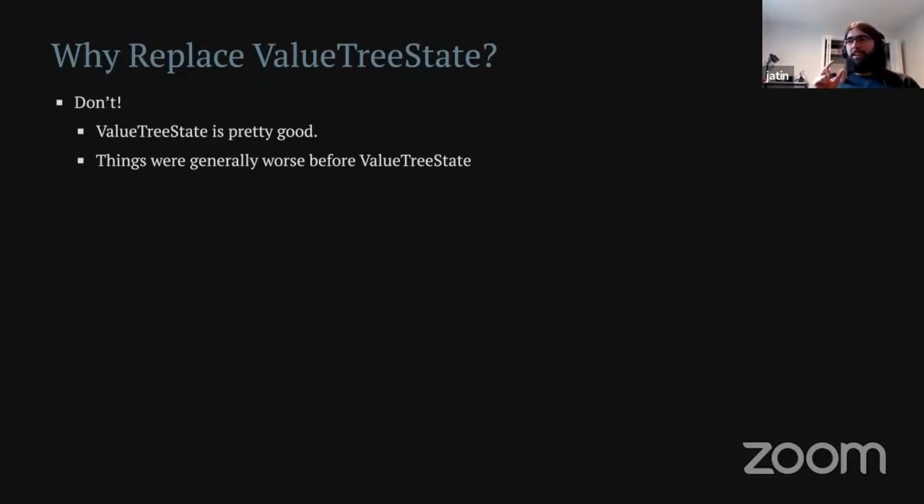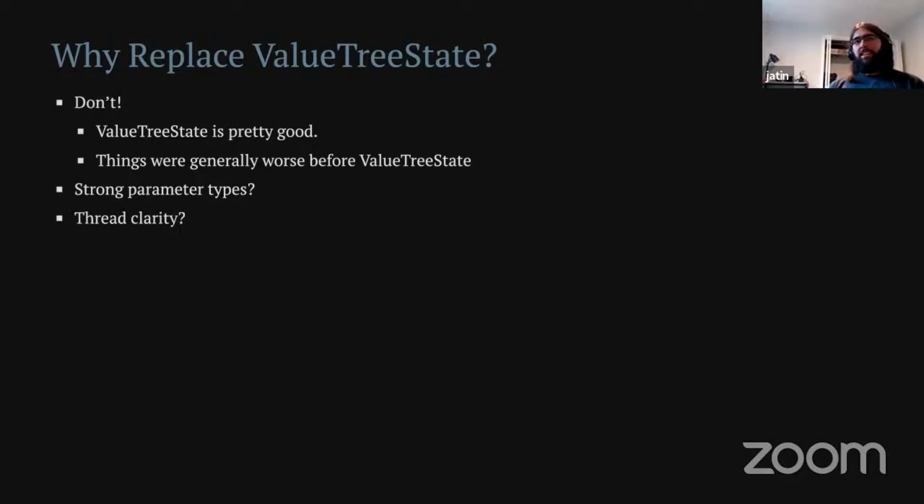And really, there's just a few smaller things that were my reason for trying to do my own thing. And also, I guess maybe I like the challenge or something. So yeah, anyway, a few things that I don't like about the value tree state. First is what I call strong parameter types, which I'll demonstrate in a second.